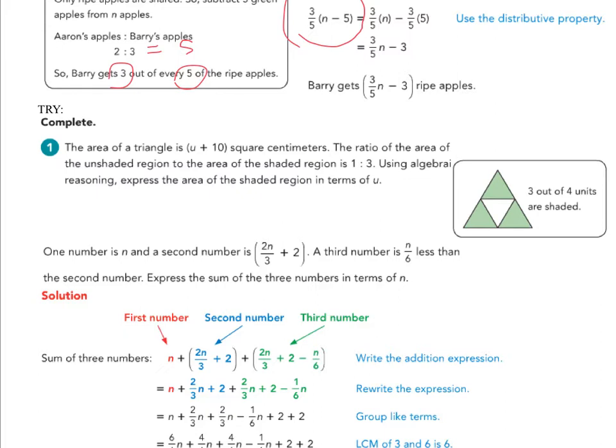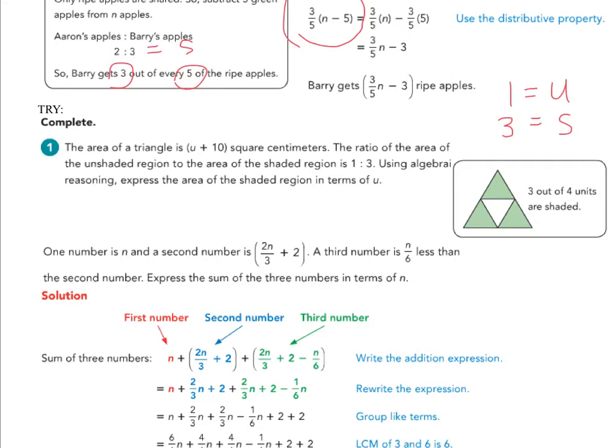Okay, so let's go down to this one, the area of a triangle. The area of a triangle is u plus 10 square centimeters. The ratio of the area of the unshaded to shaded is 1 to 3. Use algebraic reasoning to express the area of the shaded region in terms of u.